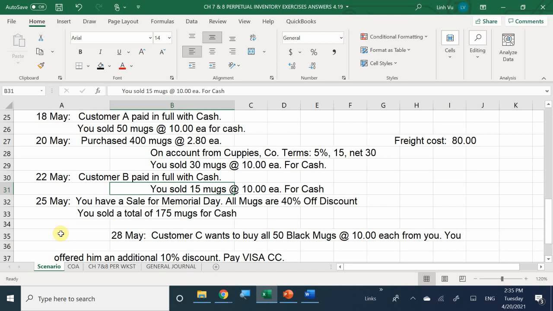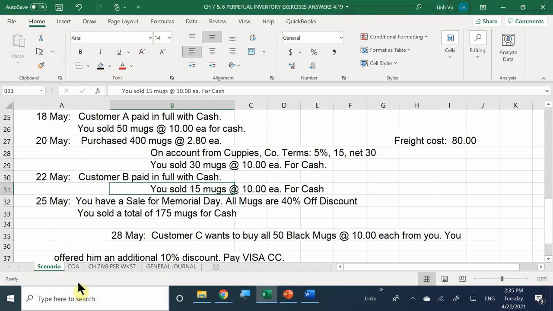Yes, we had a Memorial Day sale. Okay, so if all mugs are 40% off, this is an in-store wide sale, and it says here that you sold a total of 175 mugs for cash.